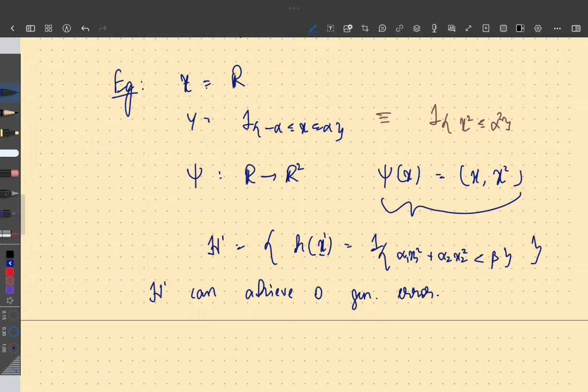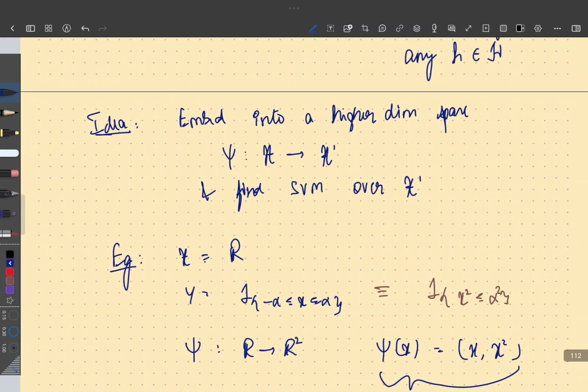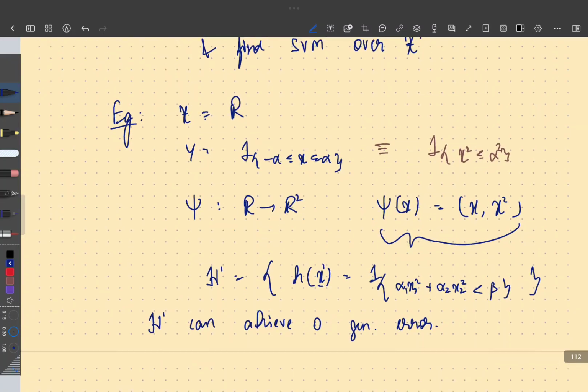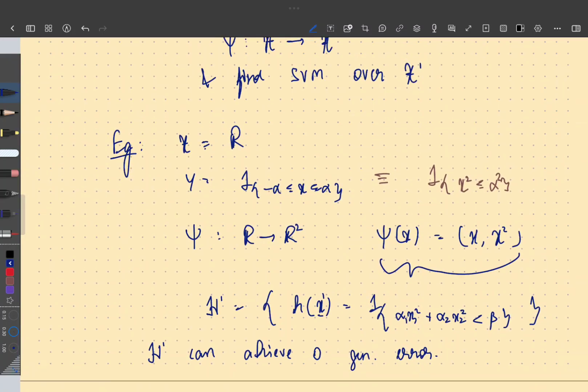So just by using an additional embedding, I can still use the same tools that I developed for support vector machines to design a non-linear classifier. It doesn't mean that every nonlinear classifier can be generated using this particular approach, but hopefully a rich class of classifiers can be obtained using this new approach.